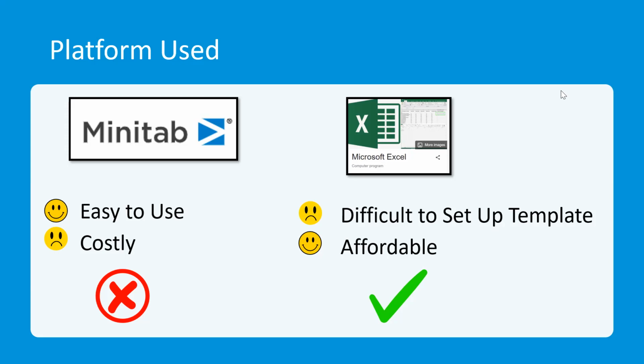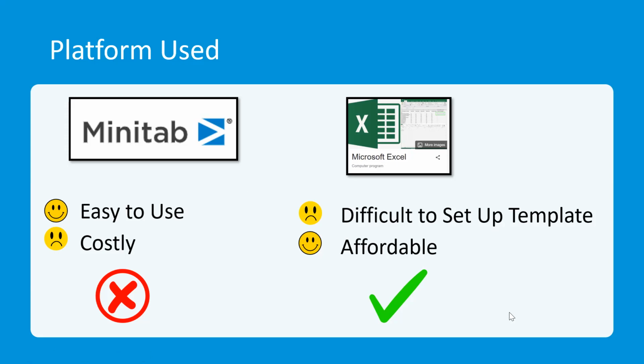Otherwise, it's not a good investment. So the software that we're going to use in this case is Excel, which could be a bit cumbersome because you need to do some manual copying and pasting, and I had to download some available templates in Google. But the good thing is Excel is affordable. Someone asked about 1,000 euros per year. Yes, unfortunately, that's the cost of Minitab.